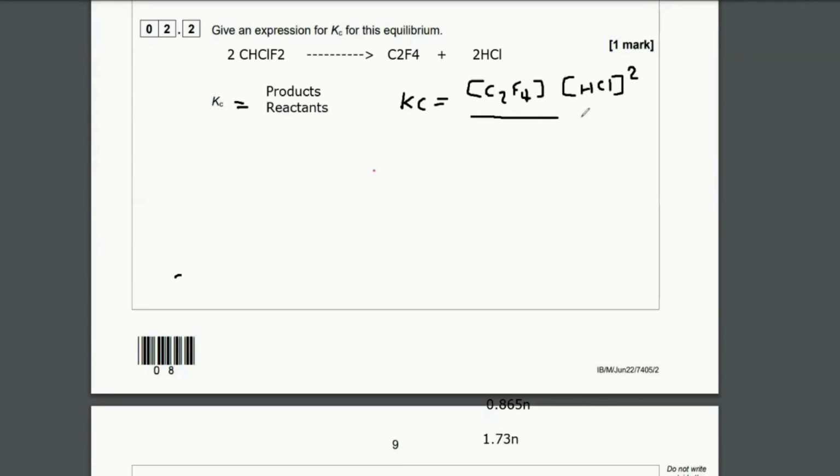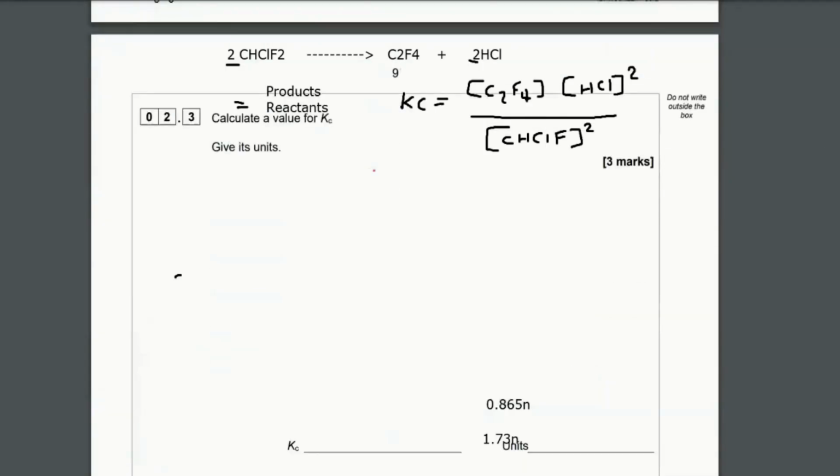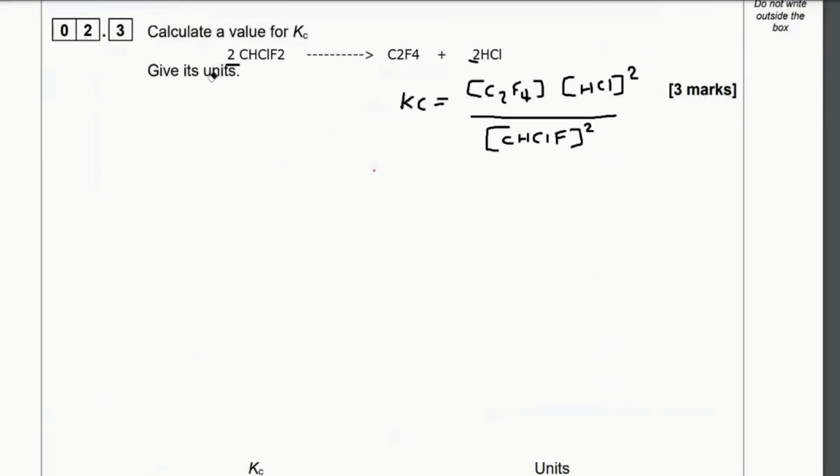So those square brackets mean mole per dm to the -3, so it saves you having to write that out. Now I put a little 2 outside the HCl. Why do I do that? That is because there are 2 moles of it, so it's to the power of 2. And for the bottom, the reactant, CHClF2, we put a little 2 outside as well, and that's your equilibrium expression for Kc.